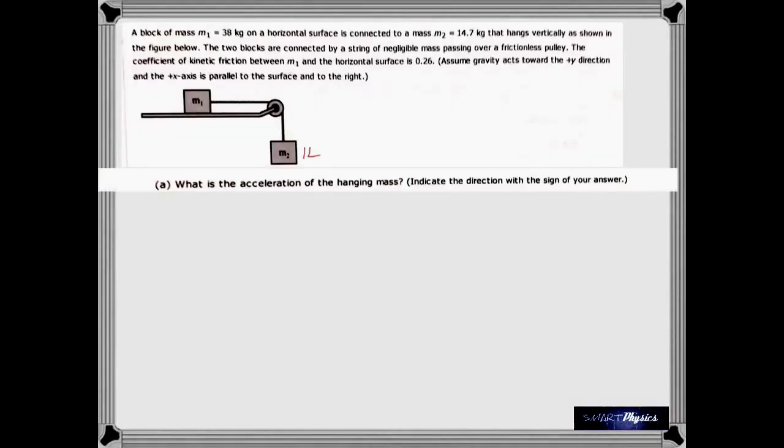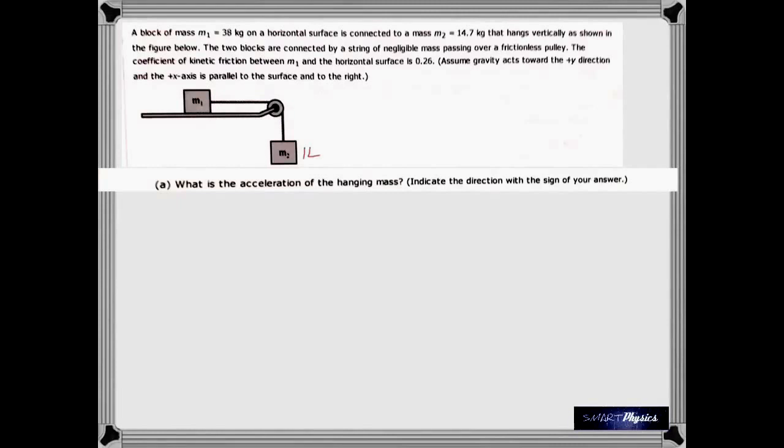That takes us to question number 3, where you have this arrangement of a block of mass 38 kilogram on a horizontal surface connected by means of a string to another mass of 14.7 kilogram, and the coefficient of kinetic friction is given, and we have to find the acceleration of the hanging mass.